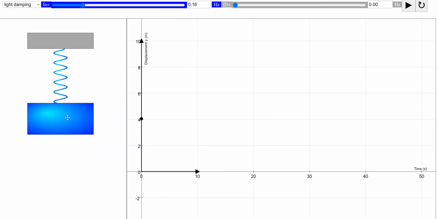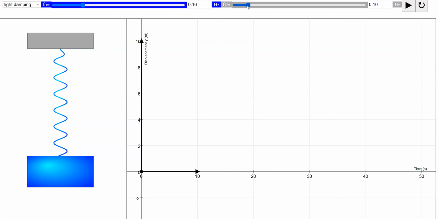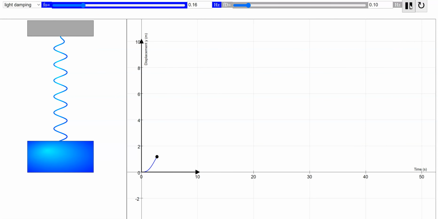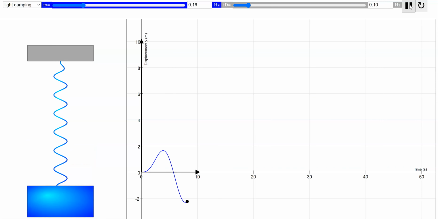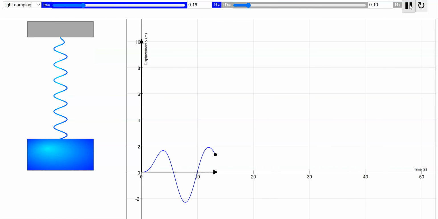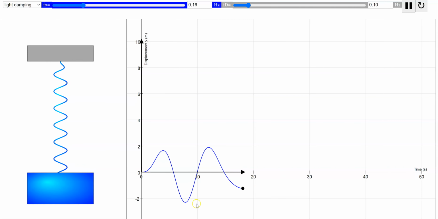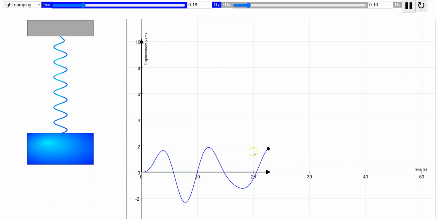So I'm using now light damping, same natural frequency 0.16 and same force frequency 0.1. Let's see how everything is going to change if we do have light damping. Sorry, I forgot to shift the mass to position 4.